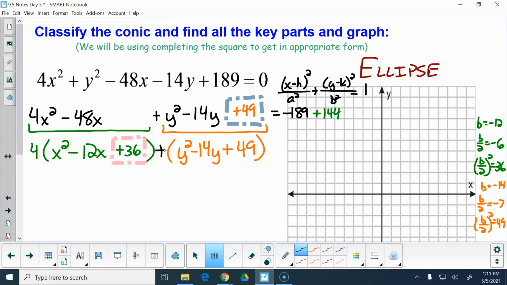Again, I've imbalanced my equation. So now I'm going to have to add 49 to the other side. You don't have to do the opposite, because it's 49 in the box area. You don't have to do negative 49 on the other side. That would make it even more out of balance. Yep.